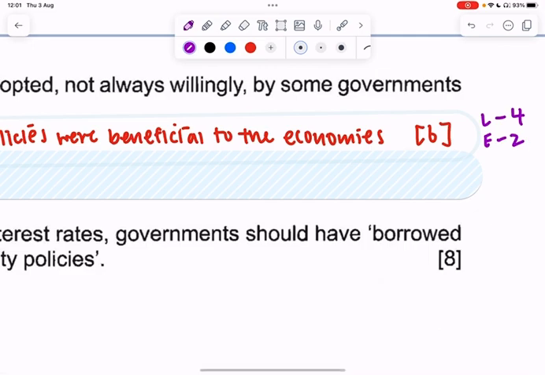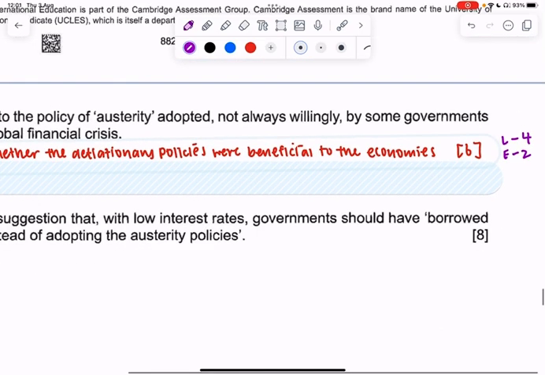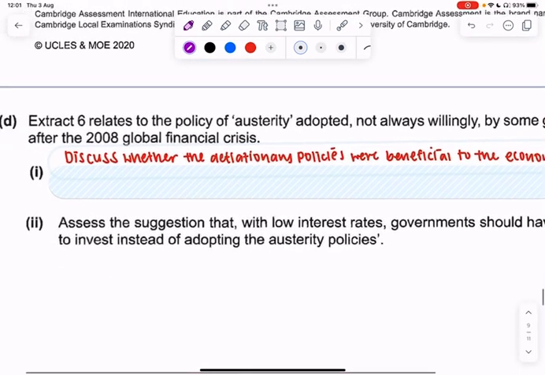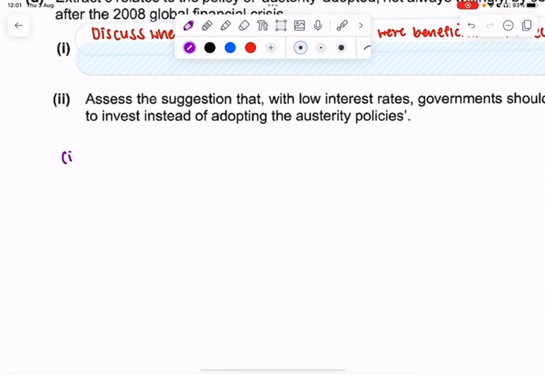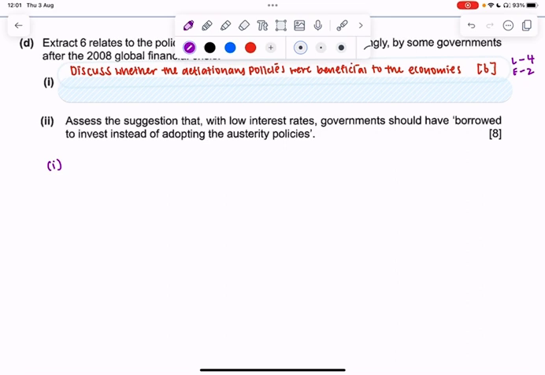This will give you a rough gauge of how much you need to write for each portion. When I say whether the deflationary policies were beneficial, I know straight away I will definitely need a thesis and antithesis approach to this question, with the thesis being beneficial and the antithesis being not beneficial or even harmful. So I'll write it down first.